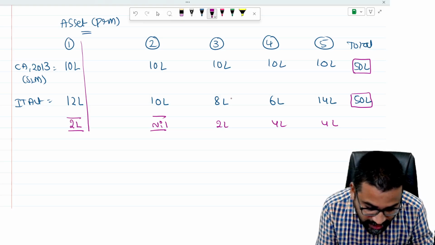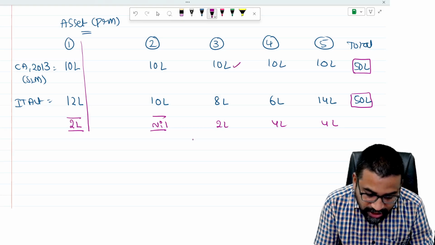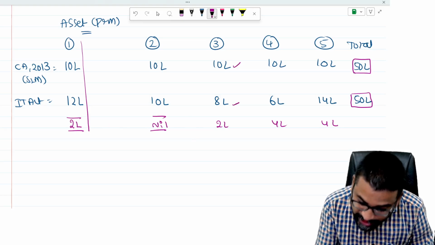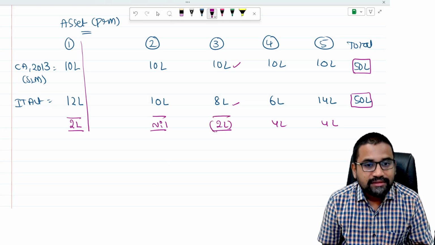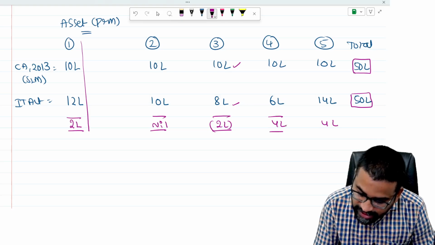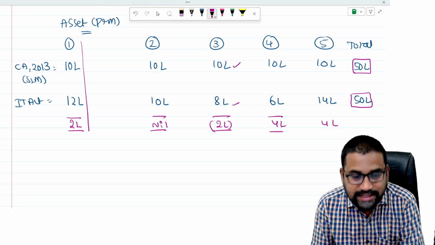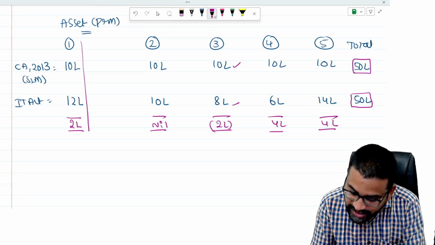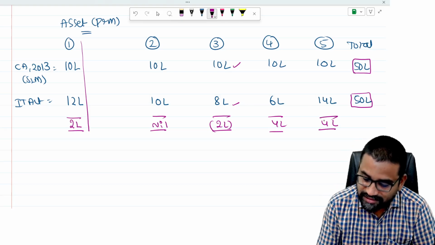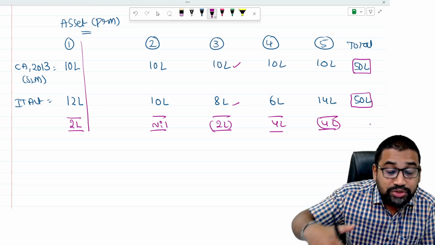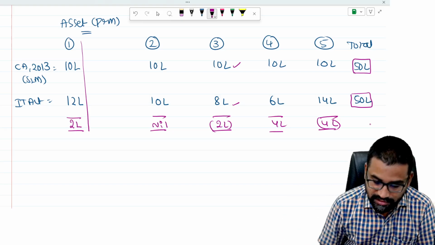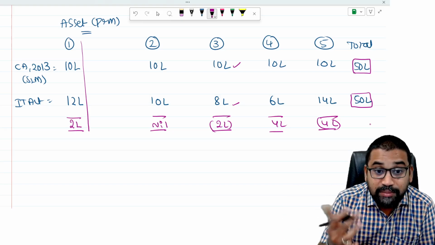Third year if you see, your accounting 10, but your taxable income is only 8 lakhs. That means there is a reversal of 2 lakhs. And fourth year there is a difference of 4 lakhs. And next year it is reversed by 4 lakhs. So whatever the difference arises, that is going to reverse in the coming years. This is called what? Timing difference.